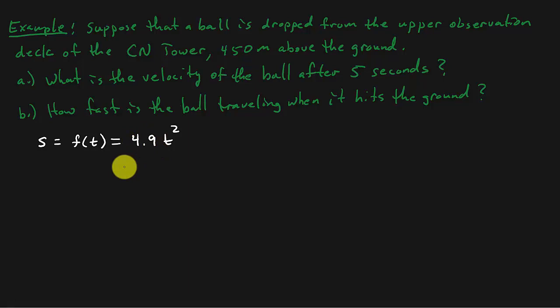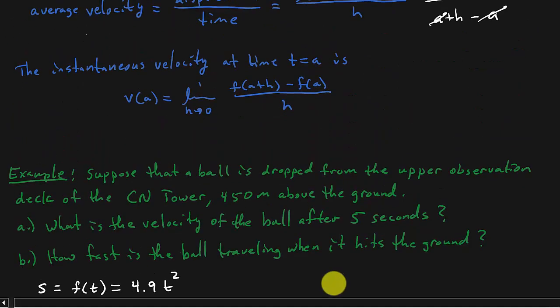So we want to know the velocity of the ball after 5 seconds. We've got to find the velocity, so v of a is the limit of f of a plus h minus f of a over h as h goes to 0.